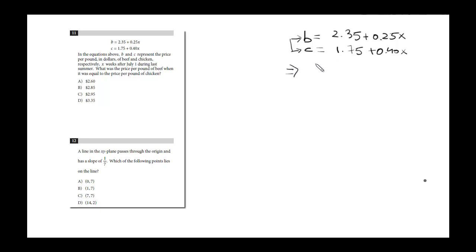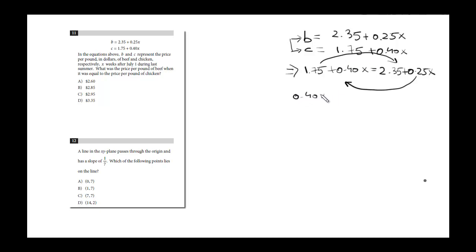We equate b and c. So 1.75 plus 0.40x equals 2.35 plus 0.25x. Everything that contains x is brought to the left hand side and the constant is moved to the right hand side by changing the sign.